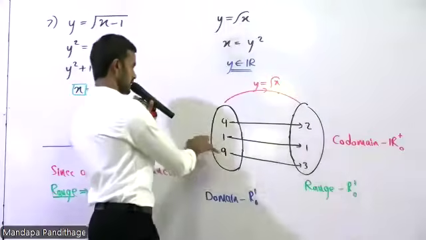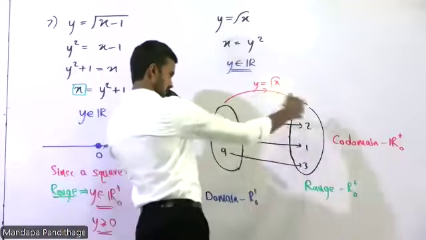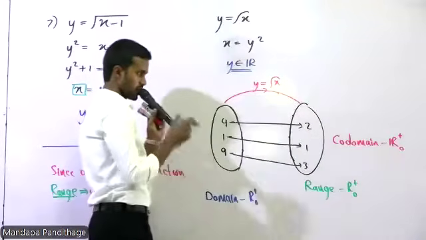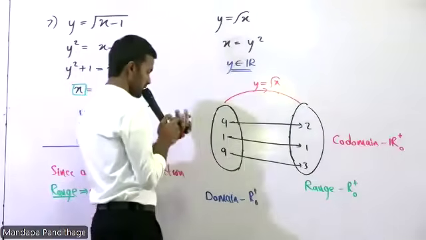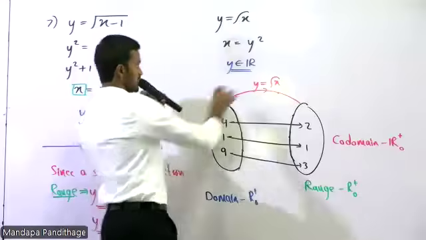Okay, then draw this one and show that the codomain is R naught plus. So your new range is not this one. This is not the range.